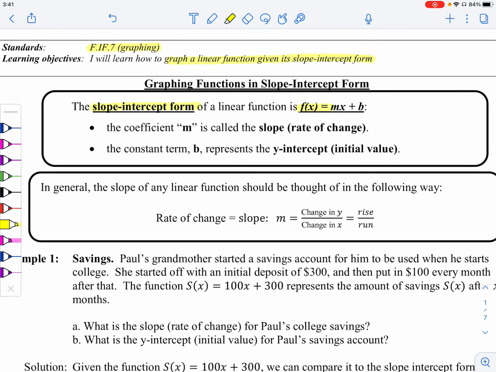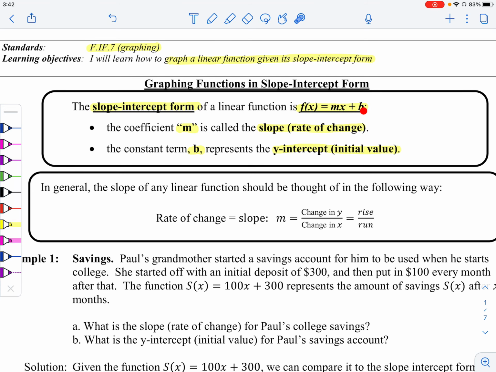So it's f of x equals mx plus b, where your m is the slope, our rate of change, and the b is your y-intercept, which is your initial value. Okay, so whatever is next to the x, that is your slope. Whatever is the b by itself, the number by itself, has to be just a number without the x.